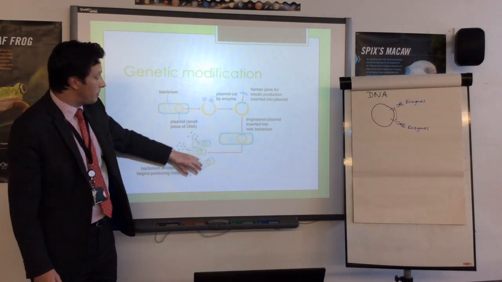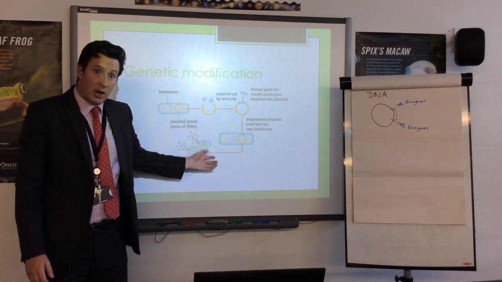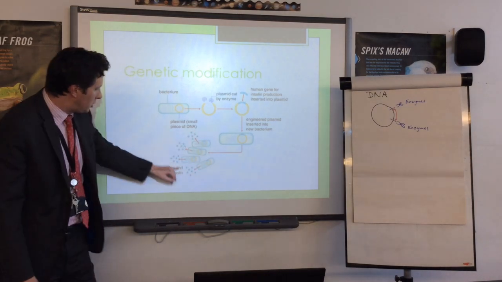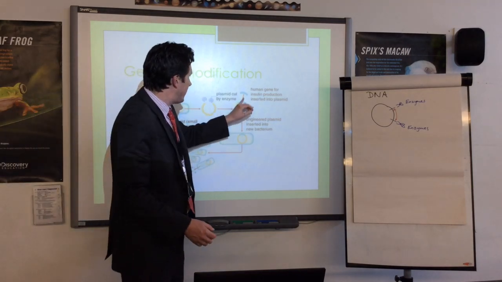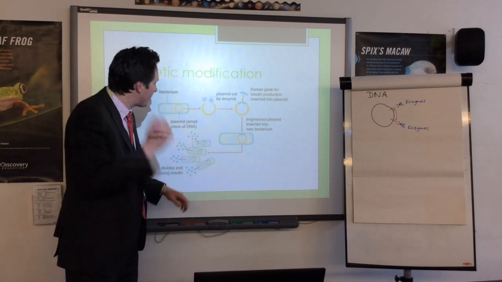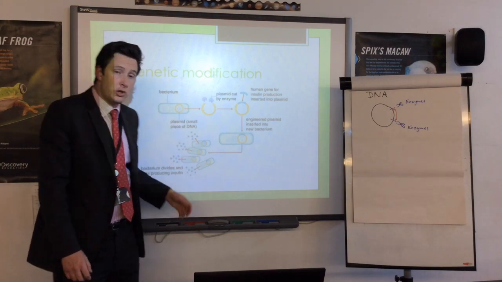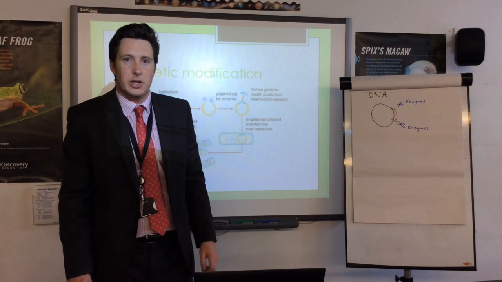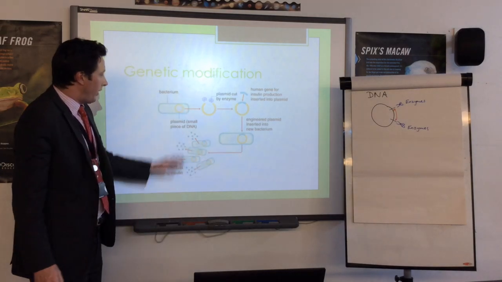And when it divides multiple times, they have this bacterial cell which can actually produce human insulin. So it actually makes insulin because it's been given this gene that's responsible for producing insulin. They can then harvest this insulin that's produced and then that can be used to give insulin injections. So that's one way of genetically modifying a bacteria.